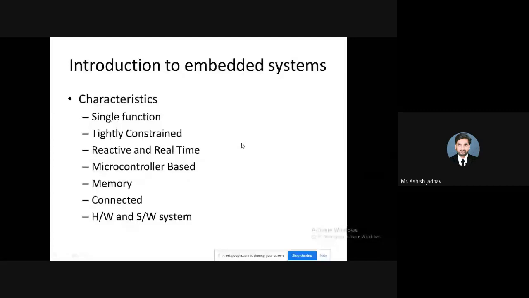All those circuits provide the data in analog form. That analog form is to be converted into digital, and that digital data most of the time we need to store, right? An example I can give you is temperature, or let's say weather forecasting systems.